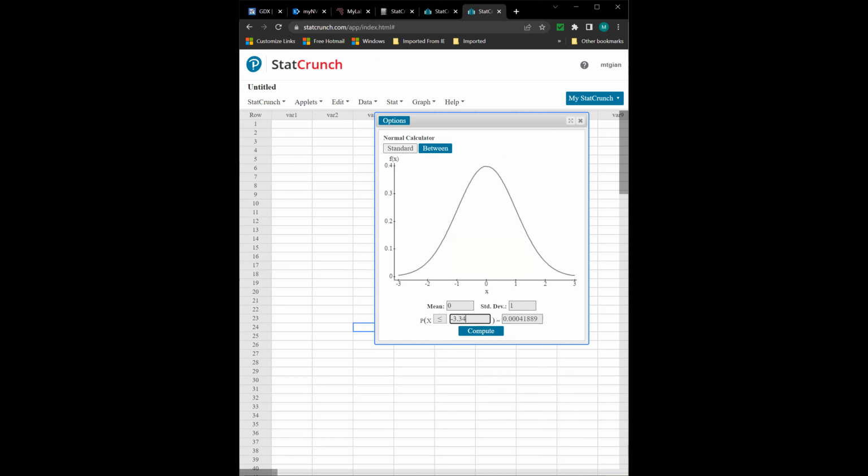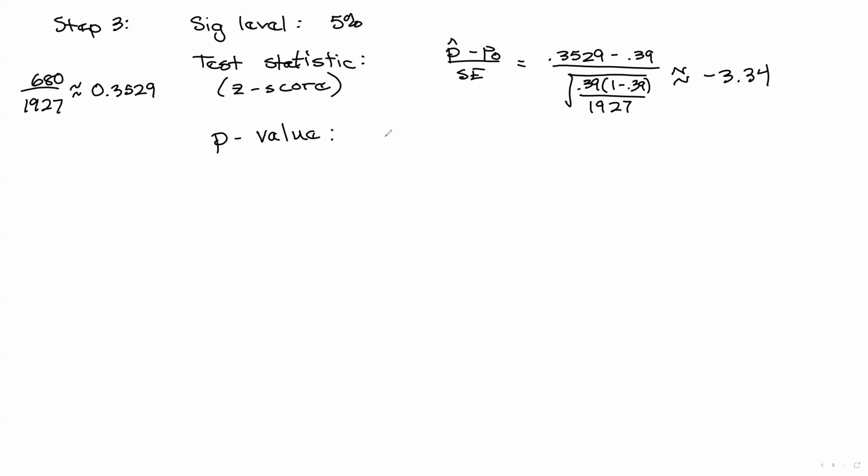The probability of that, or the area under the curve, which is the probability of that happening or something more extreme, is 0.00041889. So the p-value is 0.0004 something. I don't remember. It doesn't matter.